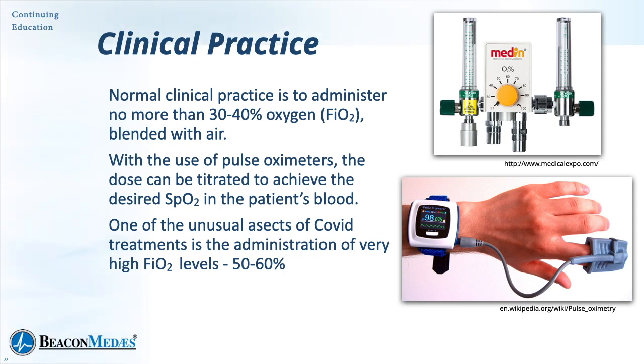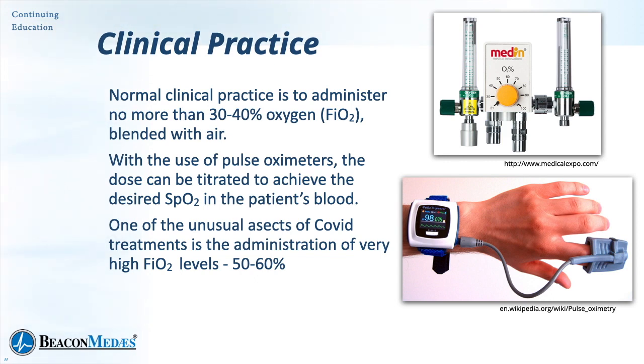Now, one of the most unusual things about the COVID treatment is that we're seeing very high FiO2s used. So while 30 to 40% is fairly typical for other conditions, we're seeing 50 to 60% in COVID patients.